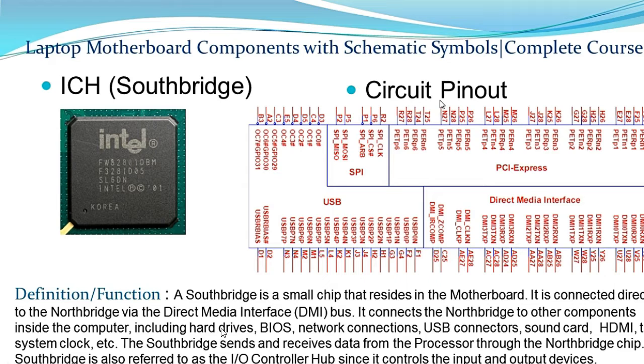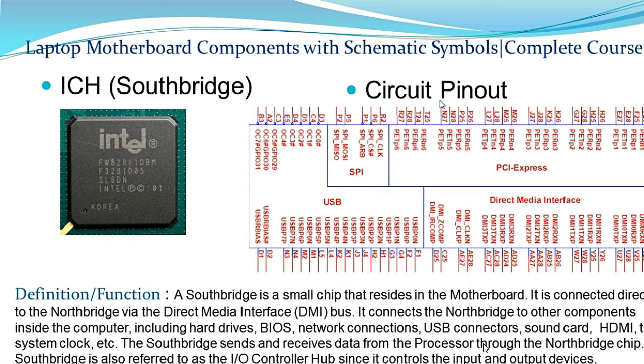This basically, the ICH controls hard drives, BIOS, network connections, USB connectors, sound cards, HDMI, the system clock, etc. The south bridge basically sends and receives data from the processor.